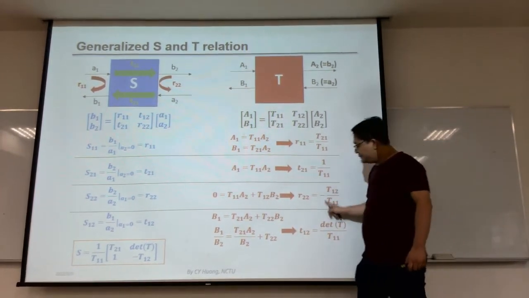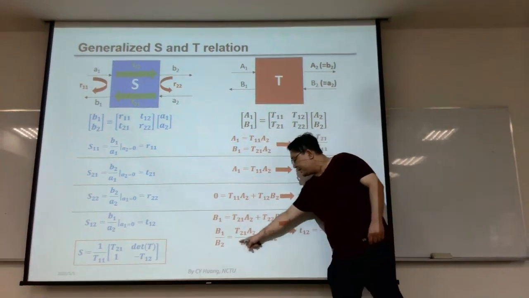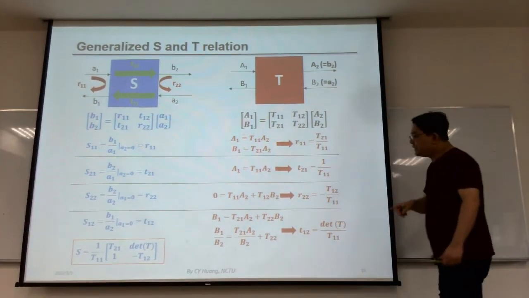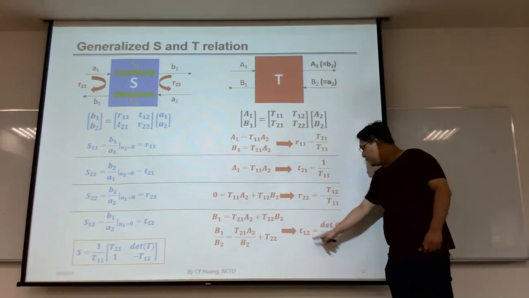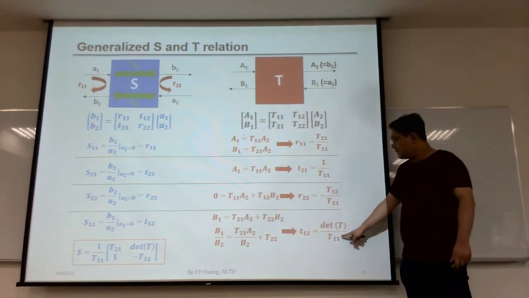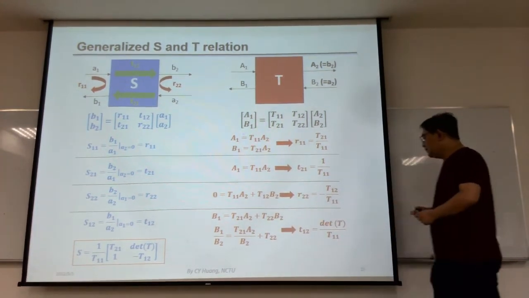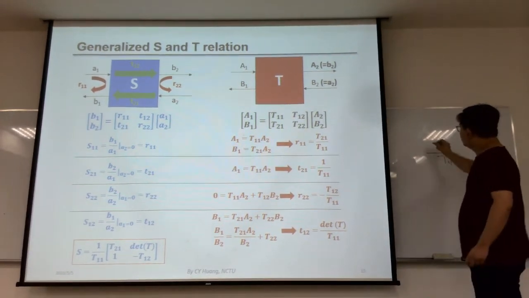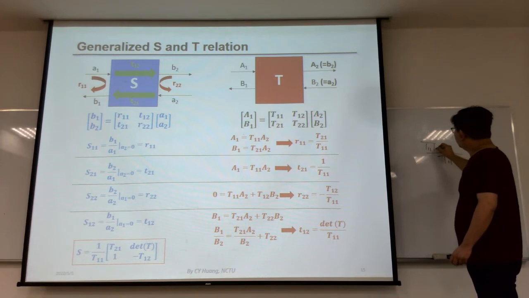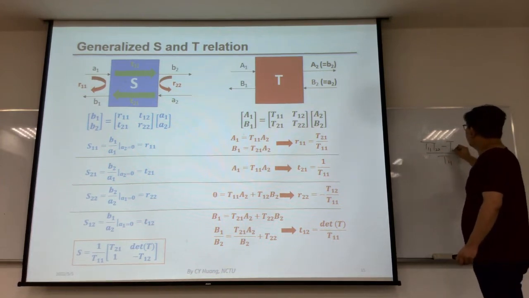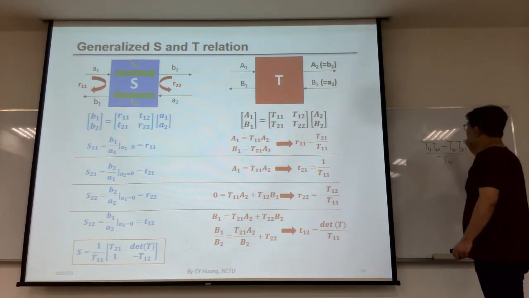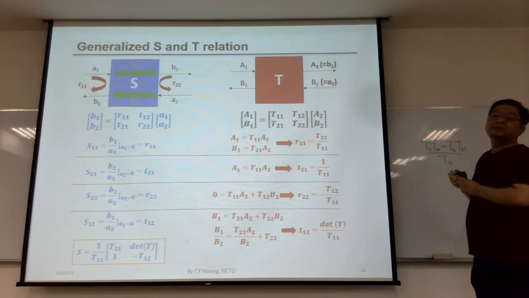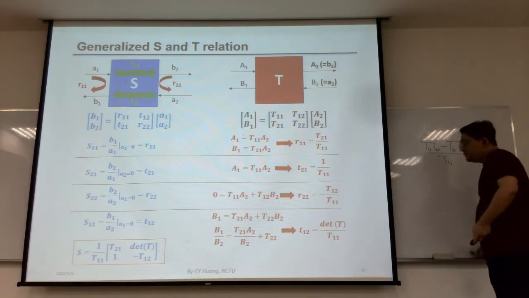And then we replace A2 and B2. So you get the S12 will be T11 times T22 minus T12 T21, the determinant of T. After some algebra.